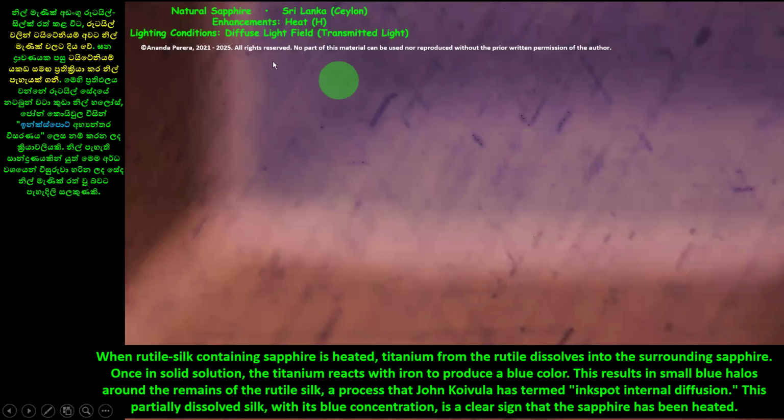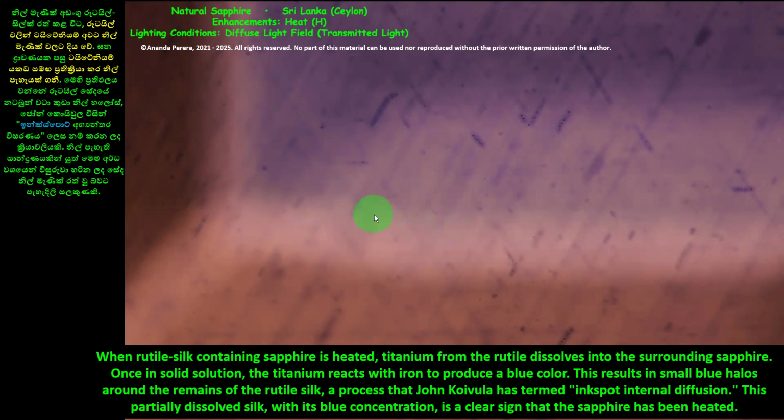What lighting conditions are used here? It is diffuse light field, transmitted light. Under the diffuse light field, what is here? The rutile silk containing sapphire is heated. Titanium from the rutile dissolves into the surrounding sapphire.